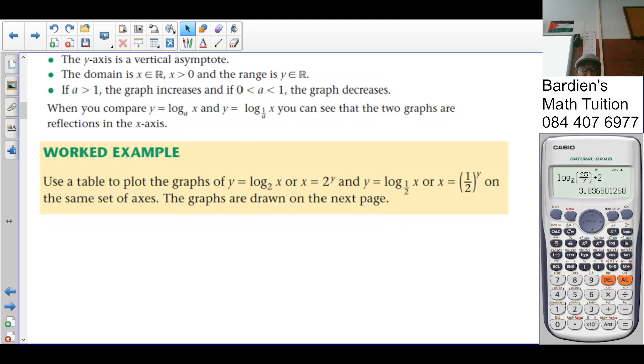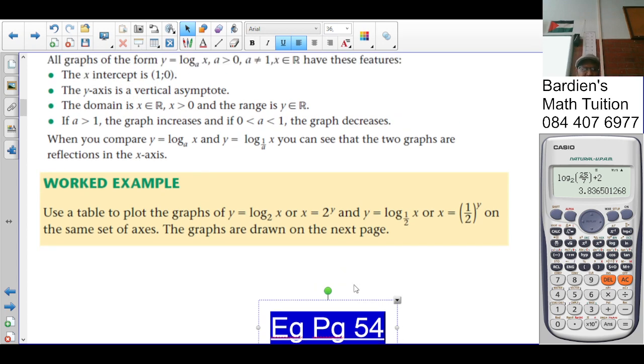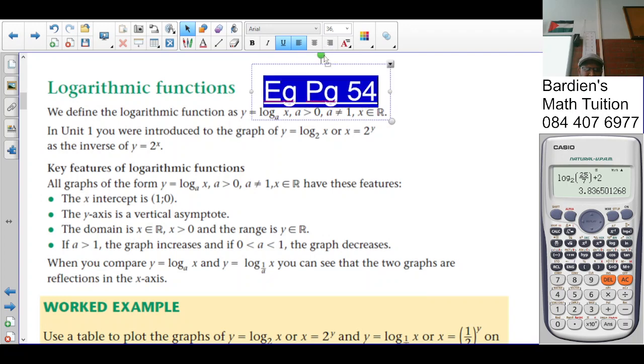Your homework's going to be exercise 4, okay. So you're looking at the example on page 54, or the introduction is basically on page 54.